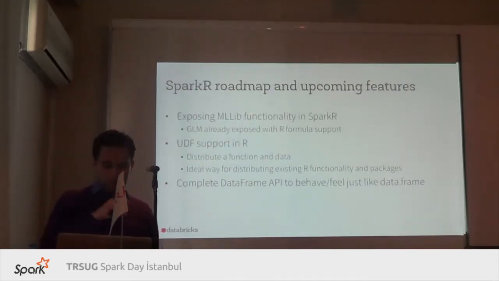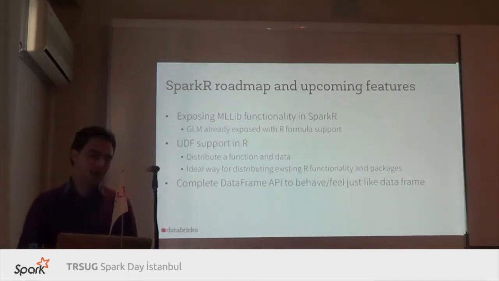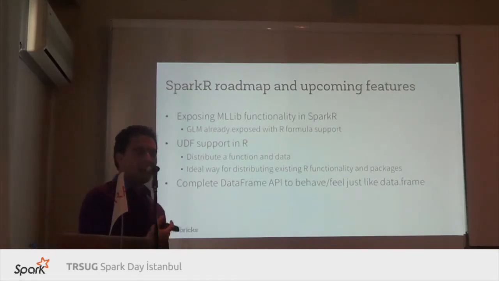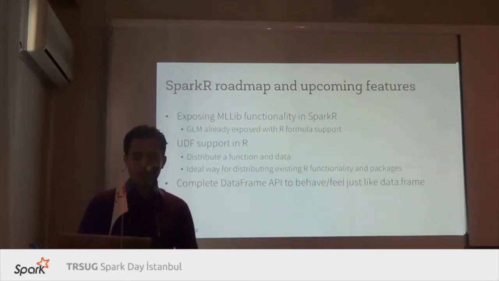Okay, so the last slide in this part of my talk is the roadmap. Obviously, this is an open source community, and the community decides what the roadmap is, and the way it works is that if the community works on something, that will happen. If it doesn't work, that won't happen.